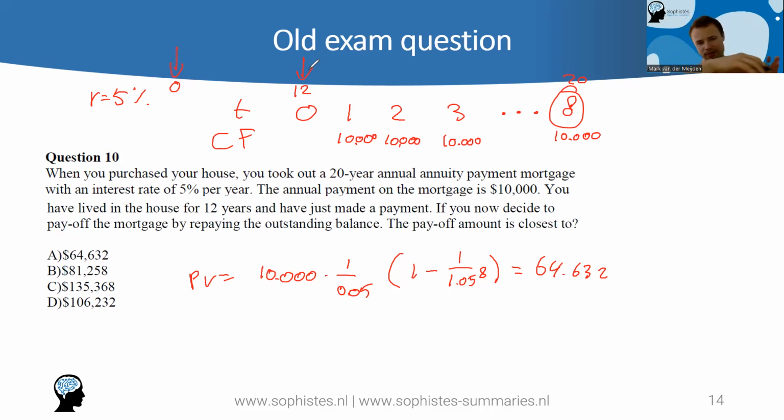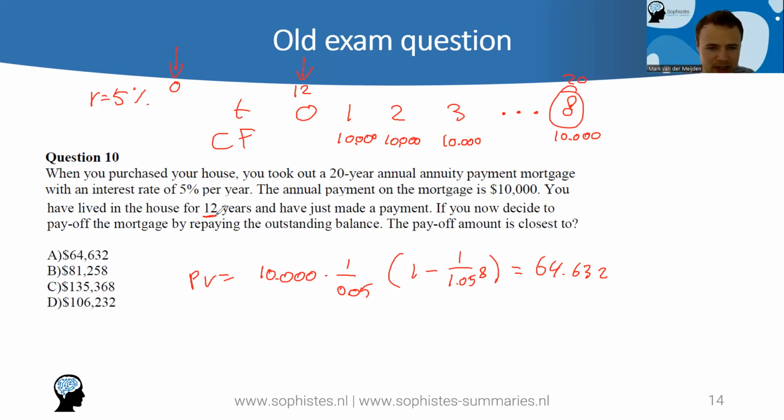So if you would take all the cash flows from year 1 to year 20, minus all the cash flows from year 1 to 12, then you also get 8 different cash flows, but then they would be denoted in a different time zone than where we want to have it. You could do it, but then you also need to do times 1.05 with the power of 12 to bring it 12 years into the future.